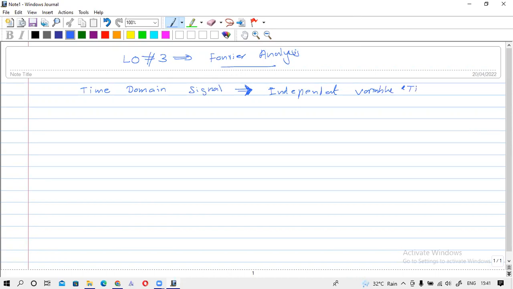So that means up to now, we are looking at the signal that is changing with time. It may be a voltage or it may be a current, but it is changing with the time.